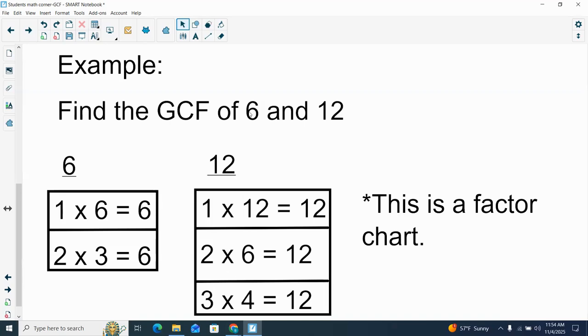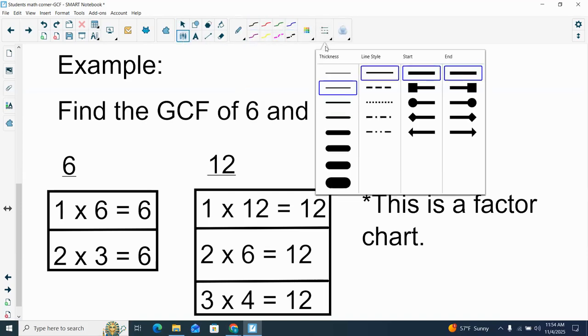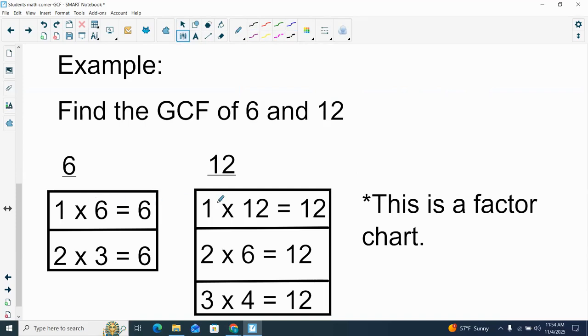So now I need to find a factor. What is the largest number that they share? So how do I do that? Well, simple. I'm going to look at the numbers. They both share a 1. They both share a 2.